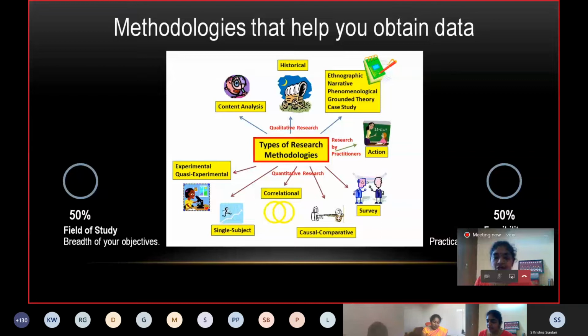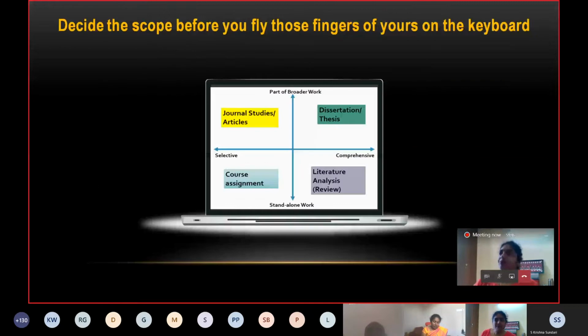So what is important is you have to see what is the feasible methodology and also what is the field of study.